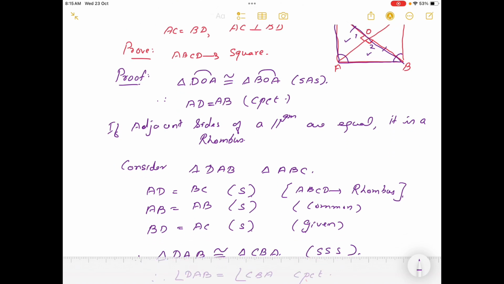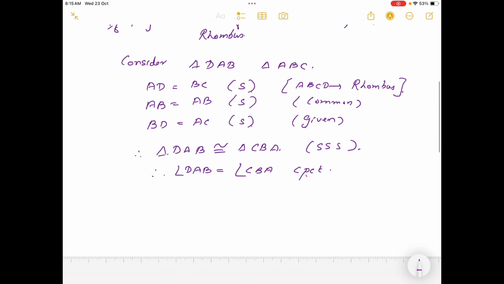Now, we know AD is parallel to BC. Therefore, angle DAB plus angle CBA is equal to 180 degrees. The reason is co-interior angles are supplementary.